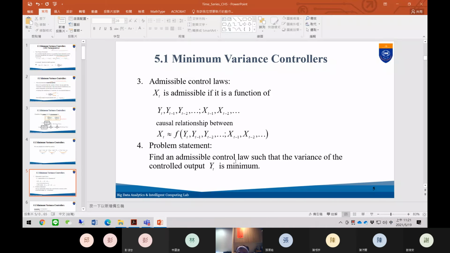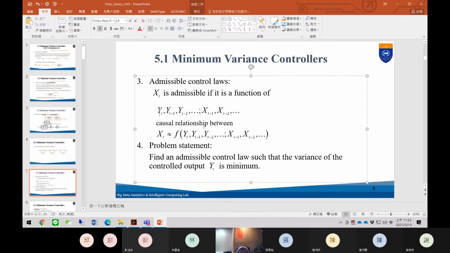So, admissible control law: XT is admissible if it is a function of the output variable, not the input variable. XT is a function of the previous XT.